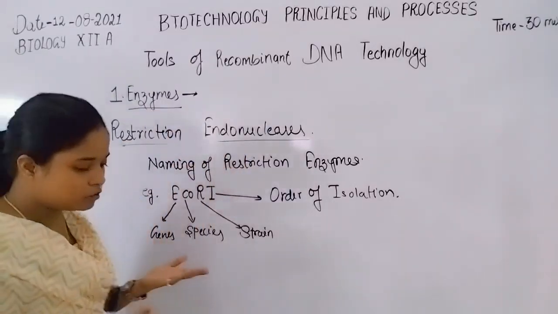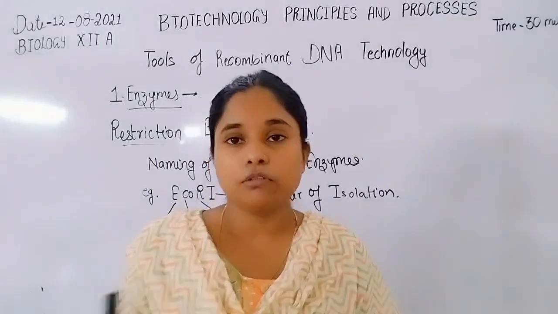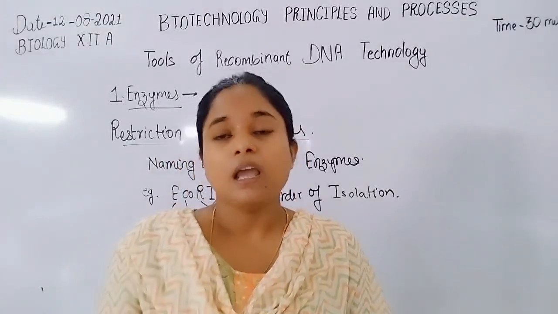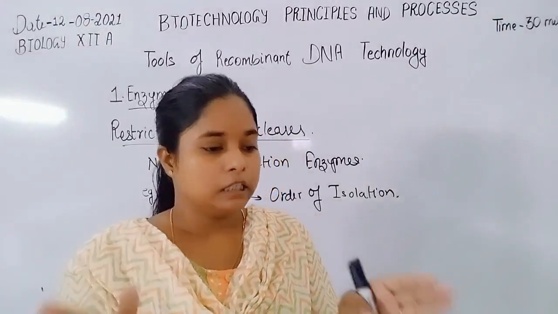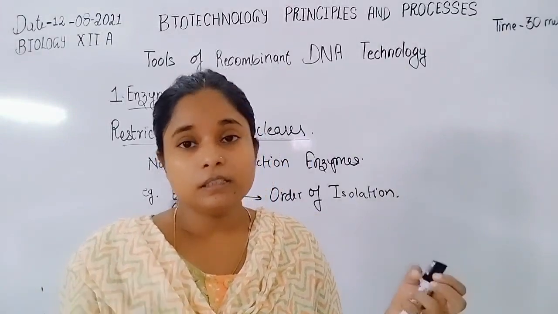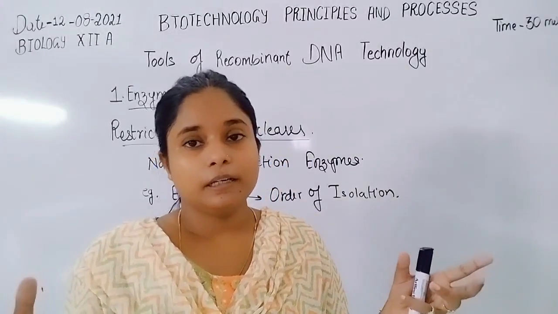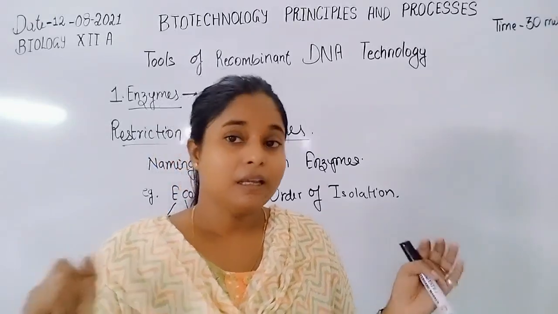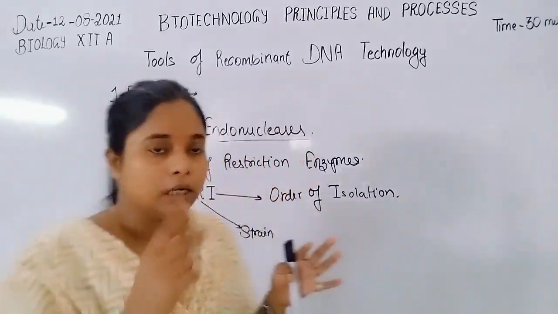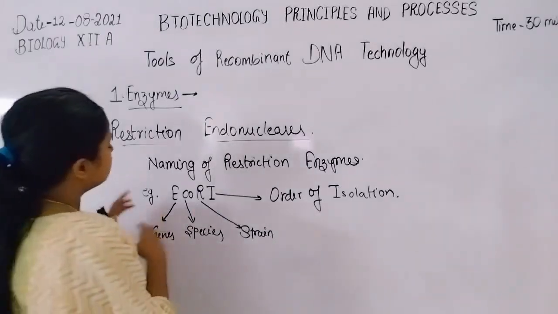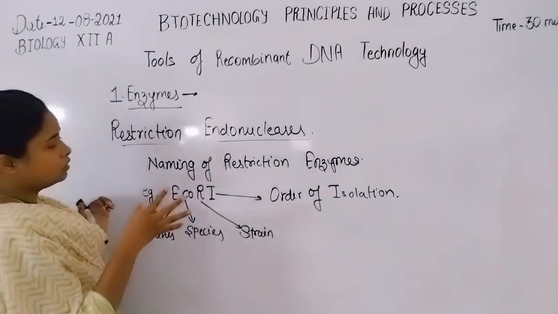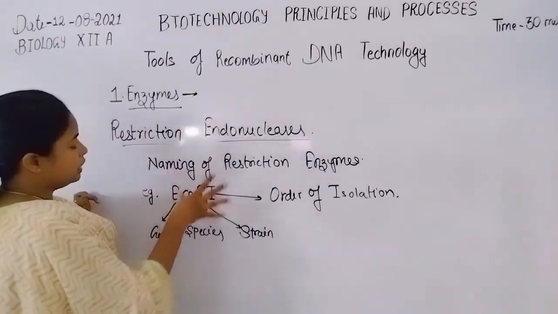There are two kinds of enzymes mostly, exonucleases and endonucleases. Exonucleases cut the DNA at the end or terminal region, but endonucleases cut the intermediate or inner region of the DNA molecule.